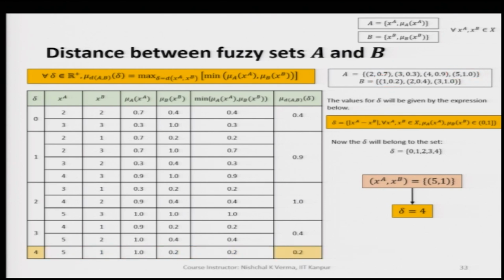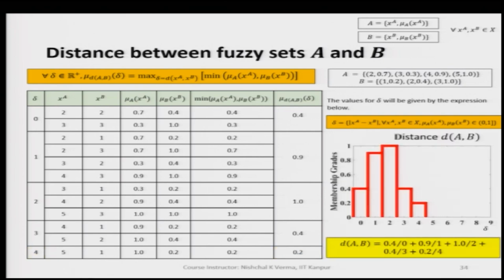So, we quickly get all the delta values mentioned in the first column and the corresponding membership values mentioned in the last column.